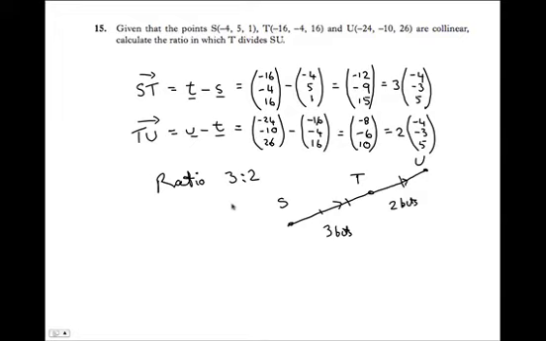And if we look at the answers, this would be choice B. So there's the good old powerful method of using position vectors to solve this problem. However, that's not the end of the story. And what we're going to do next is we're going to visit these points in space, and I'll show you a much easier method of doing this problem to get the same ratio 3 to 2.